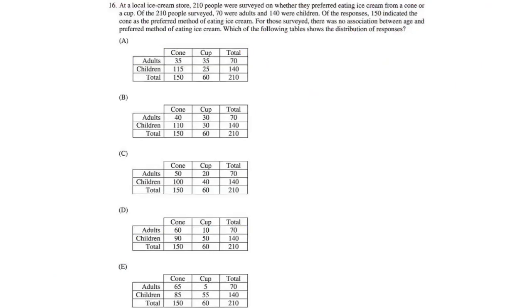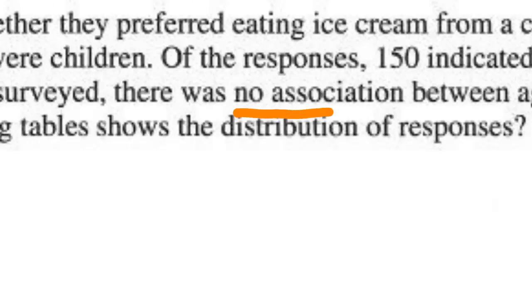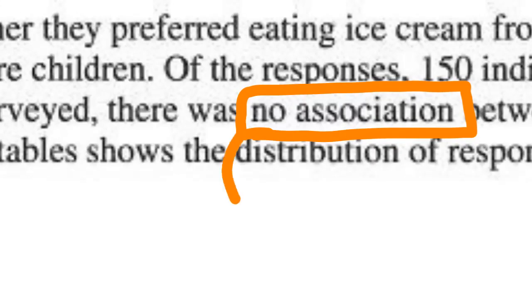I'm going to try to get through number 17 because that's where I stopped in the other class. 16. We were about half and half on this one. More people missed it than didn't. Important things on this question to pull out. It says that they found no association between age and preferred method of eating ice cream.